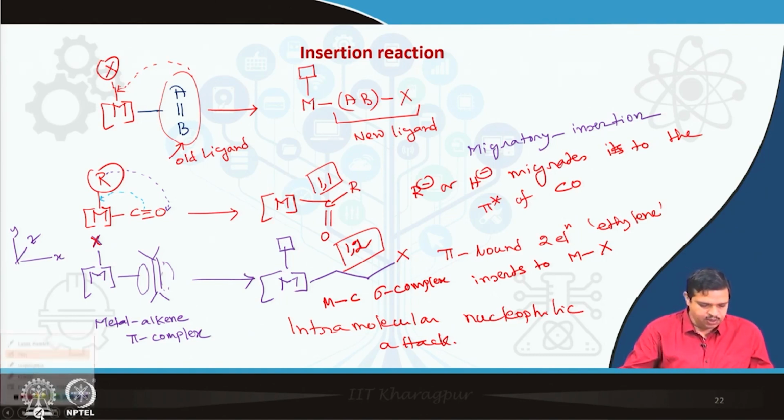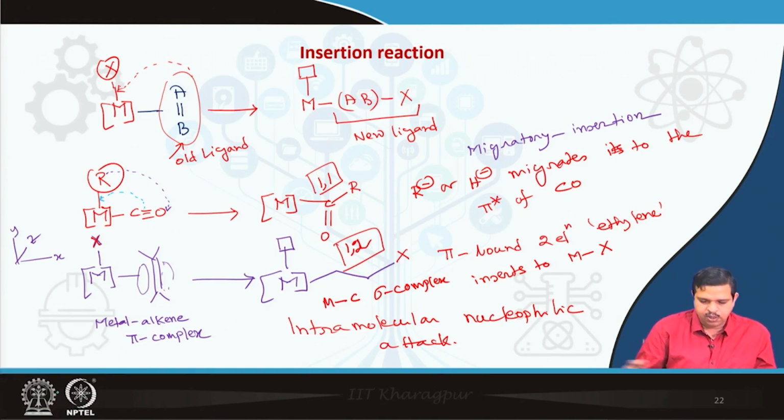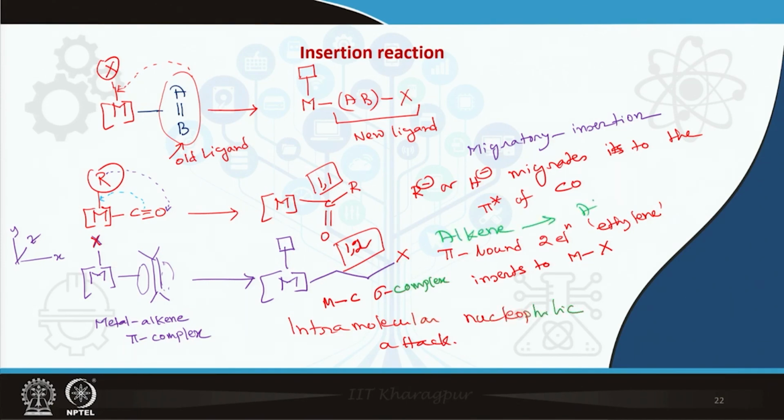And why I am emphasizing this one, because this is very important to understand the polymerization mechanism by the catalysts. So, here you are transforming an alkene to an alkyl.